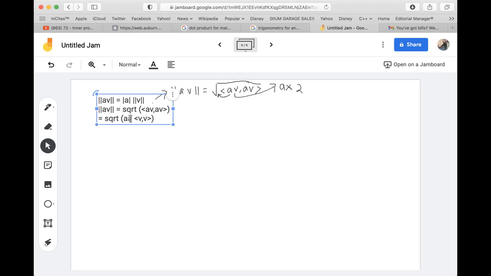Alright, remember, now we have these two special terms: the multiplication of a number with its conjugate.